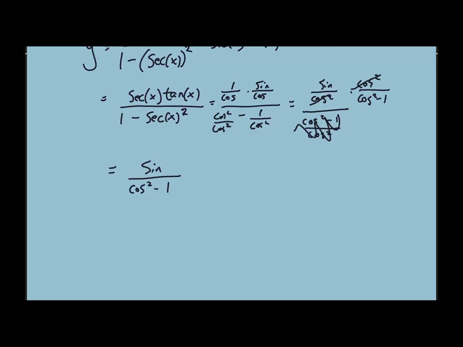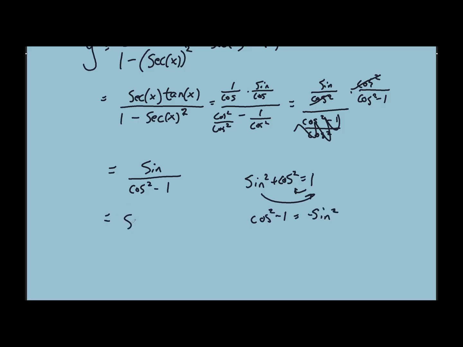Are we getting warmer or are we getting colder? I feel like I want to get this out of here. Is there a way to make this better somehow? Let's think on this for a minute. Cosine squared minus 1. Now, isn't it sine squared plus cosine squared equals 1? So if I subtract 1 here and subtract sine squared, I get cosine squared minus 1 equals negative sine squared.